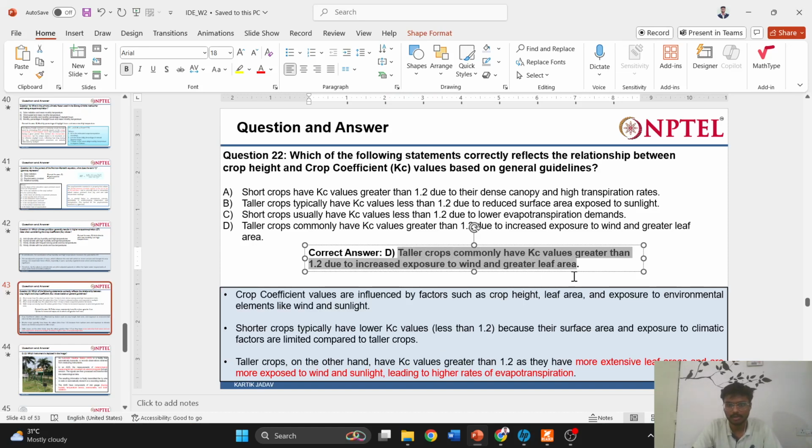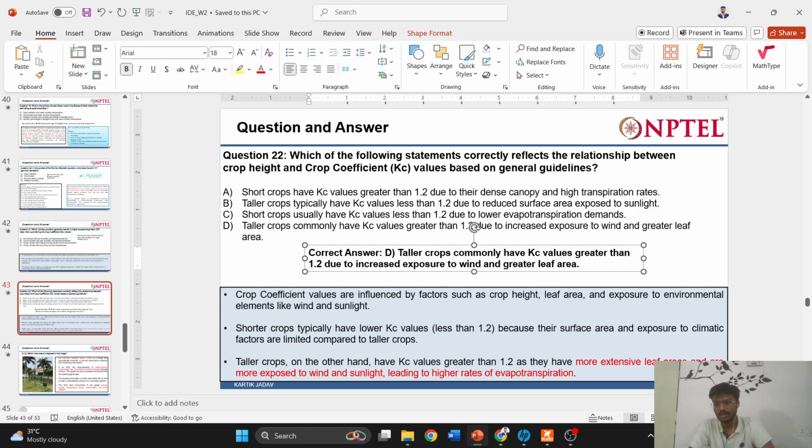These are correct, but maybe I changed the options here and there. So taller crops commonly have a Kc value greater than 1.2. So I think this is also correct. Okay, this Kc value is less than 1.2, and option D is also correct.